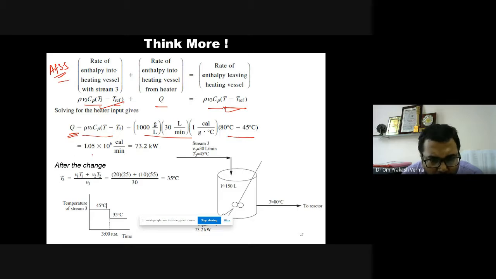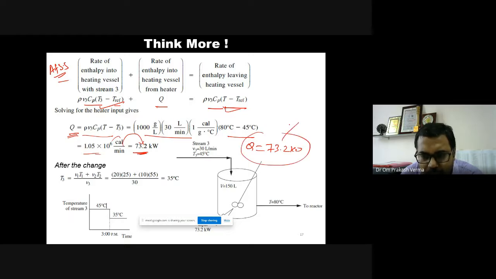Q value is 73.2 kilowatt. Whether calorie per minute or whatever, we converted this into watts. So this much Q is required. 73.2 kilowatt is the amount required to obtain the temperature of 80 degrees Celsius on the product side.